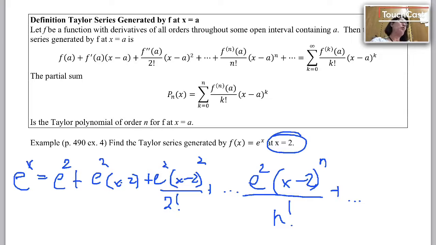If I write that general term and use the plus sign with the dot dot dot to show that I could continue this series forever, then that's actually exactly equal to e to the x, near where x equals 2.